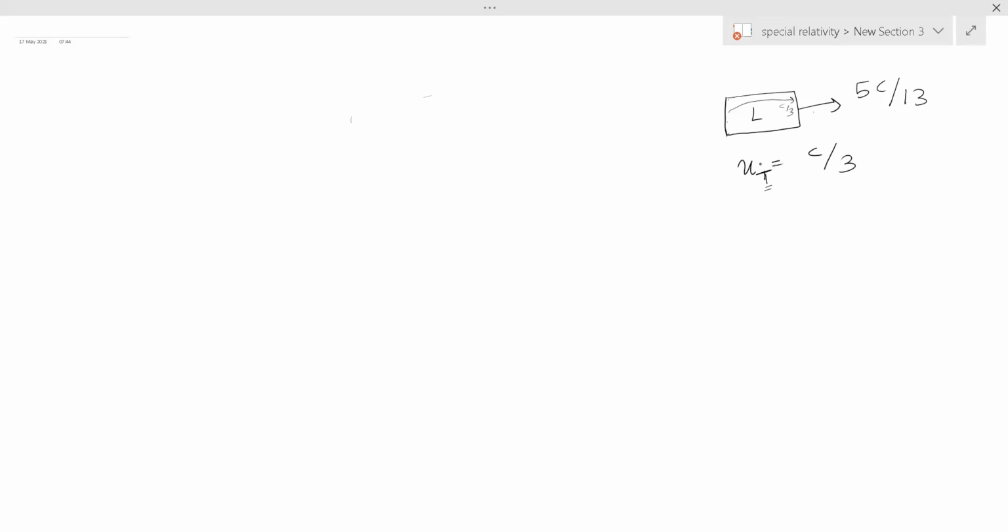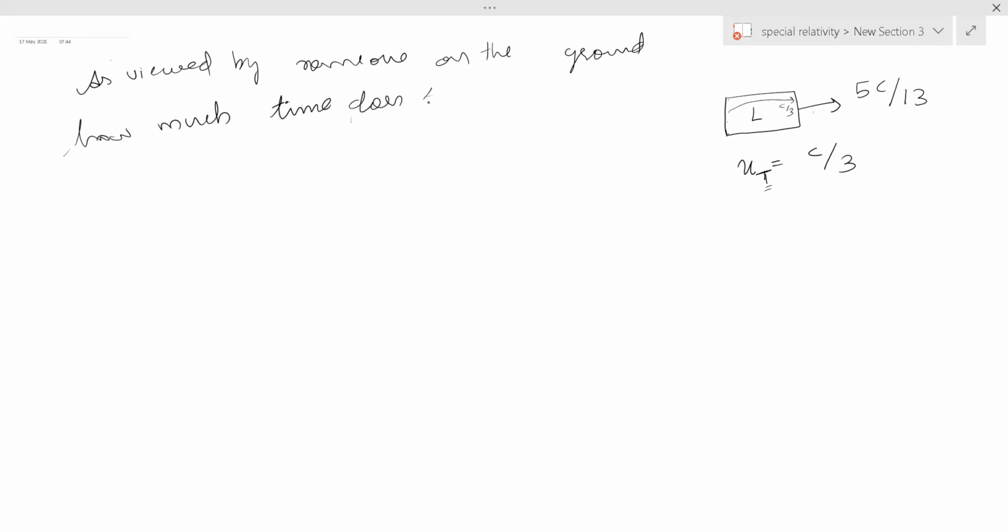As viewed by someone on the ground, how much time does the ball spend in the air?